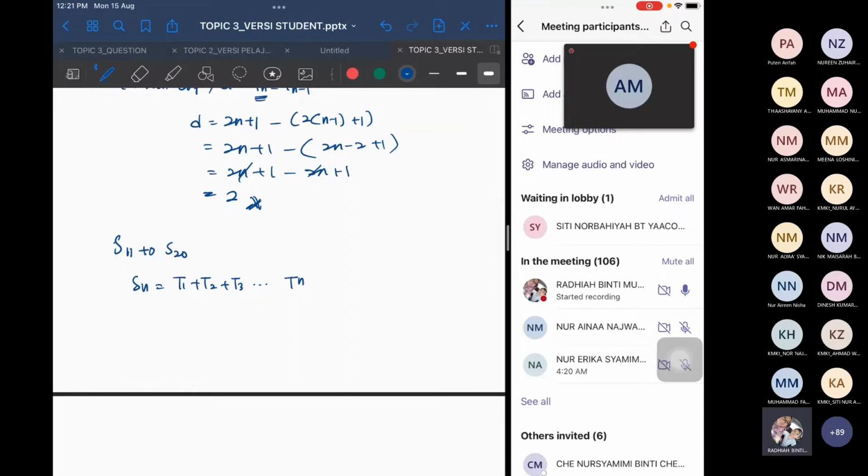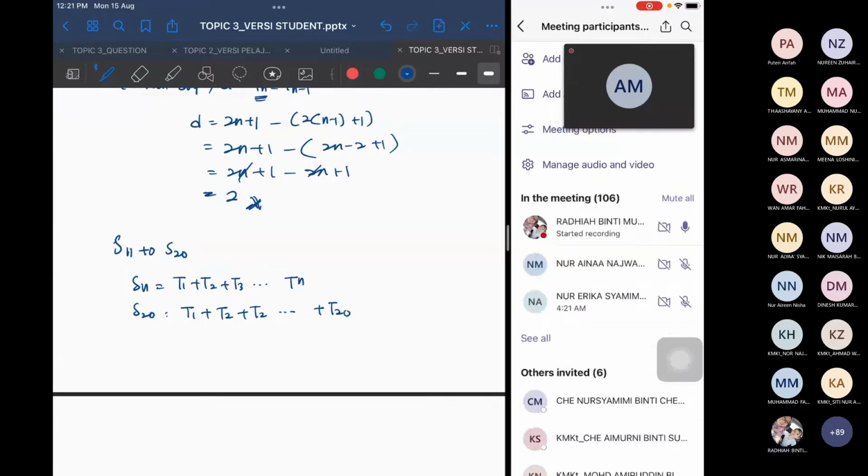Okay, so sekarang ni kalau S20 maksudnya T1 plus T2 plus T3 until T20. Kan? Maksudnya T1 plus T2 sampai T20 dia adalah S20. Okay, so sekarang ni T3 plus T10 plus T11 plus bla bla bla T20.